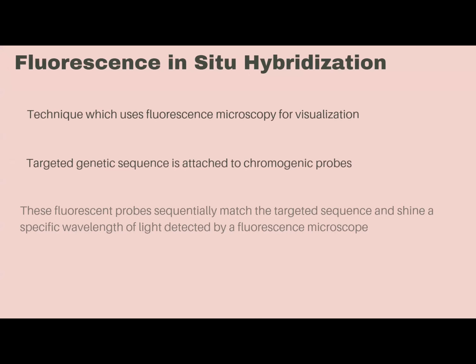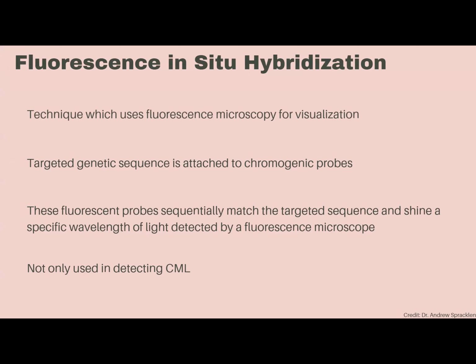And this is a fluorescence in situ hybridization. So this is a technique which is reliant on fluorescence microscopy. And you are able to target specific genetic sequences, which are going to be attached to chromogenic probes. These chromogenic probes are fluorescent, okay?